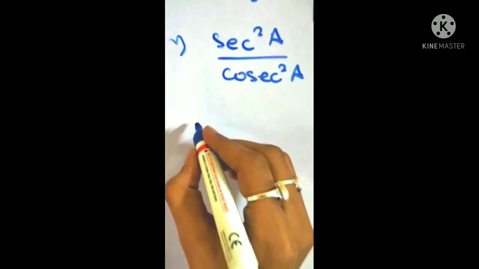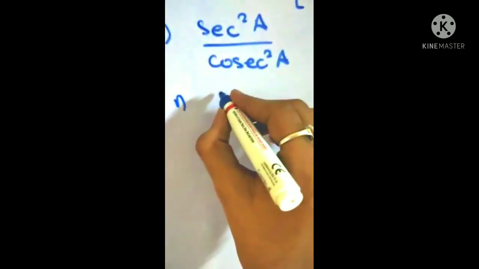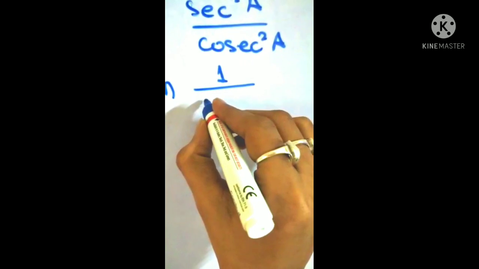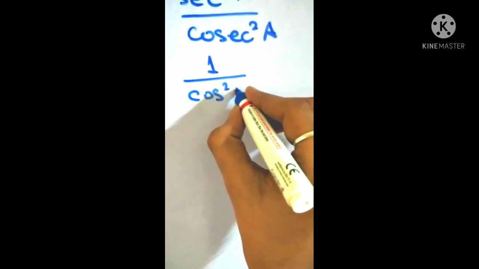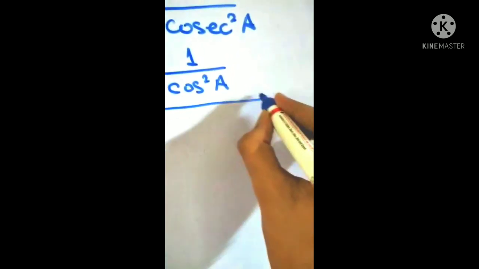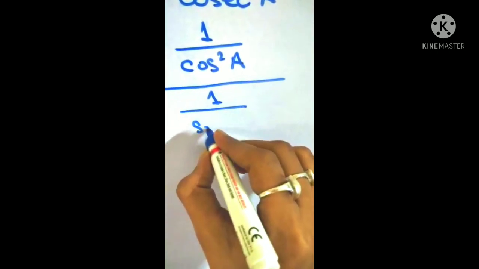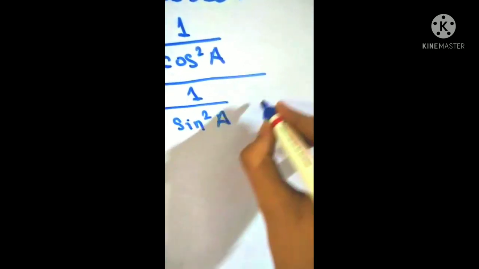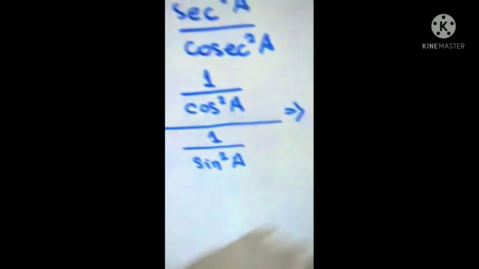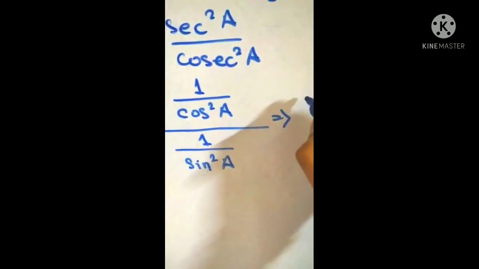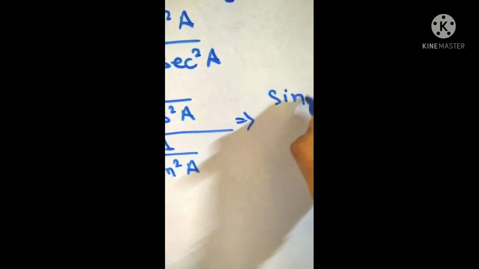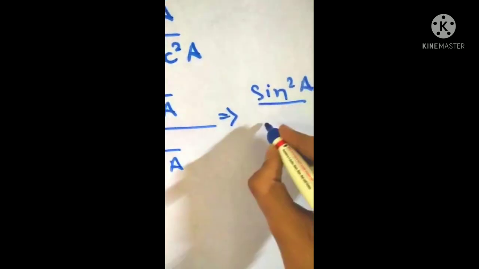So from here I can say that sec square a means 1 by cos square a, divided by cosec square a, that means 1 by sin square a. This means sin square a by cos square a.